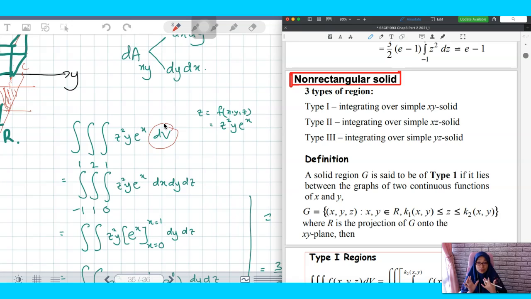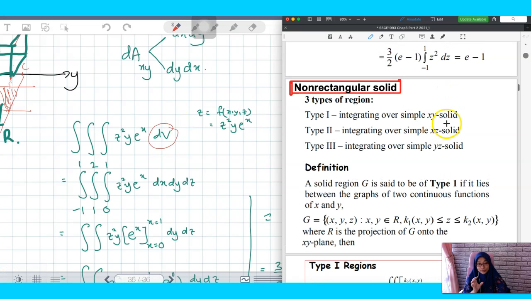So to guide you to get an appropriate order of integration, we try to sort the solid that you have into types: type 1, type 2, type 3. But don't worry, in the exam we don't ask you to give a name for that particular solid.